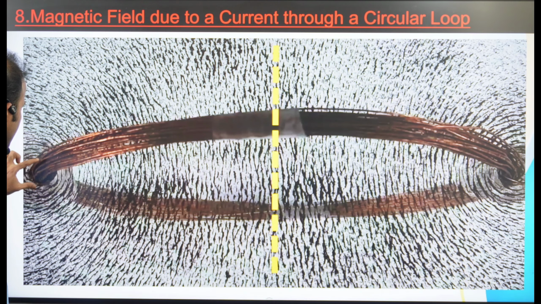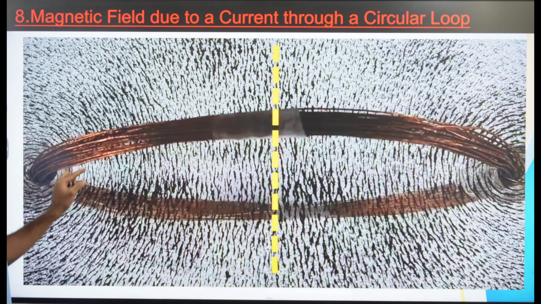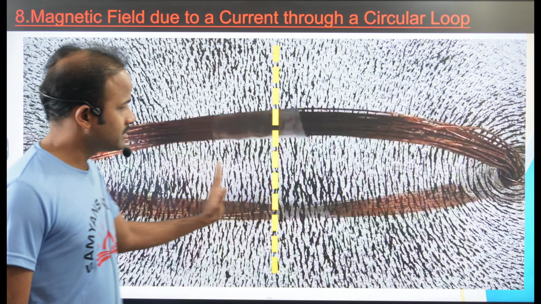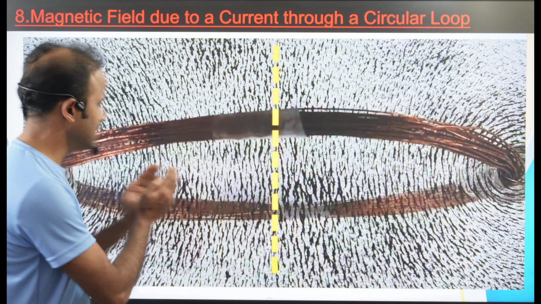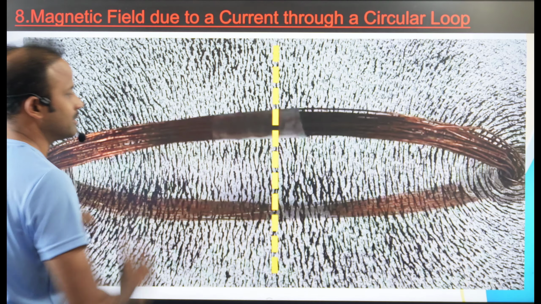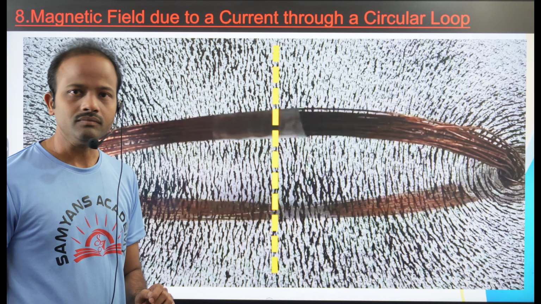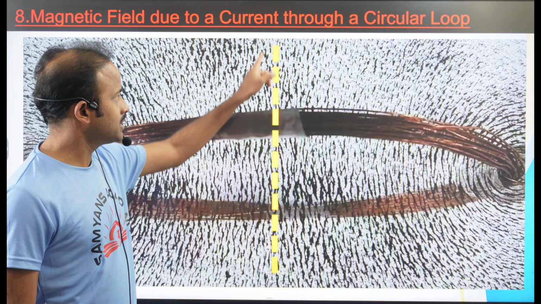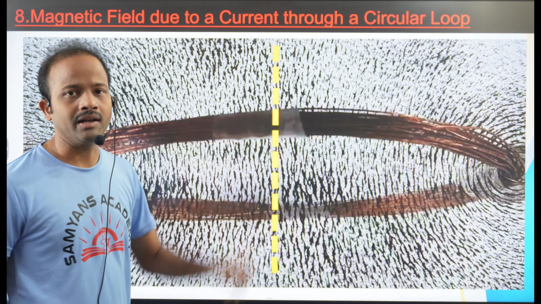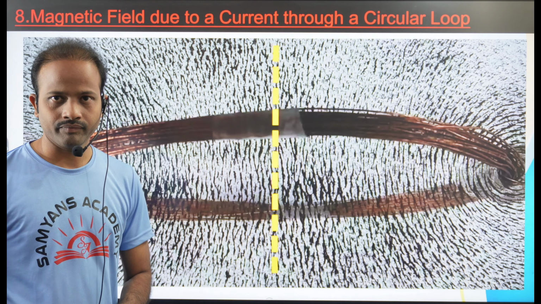As we move away, the concentric circles become bigger and bigger. At the center, the lines become parallel. Here we can observe all the magnetic field lines aligned in a straight line.